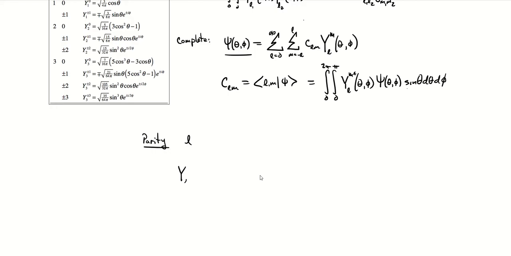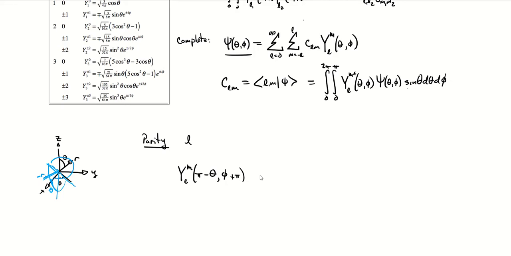If I take Y l m of theta, pi minus theta, and phi plus pi, which is an r in the opposite direction, just so you can see that: if I have x, y, and z, and some vector r at theta and phi, and I want to make that so it's sticking back and into the page, negative r, I can go to a polar angle of pi minus that theta, and my azimuthal angle would be at this phi plus an entire pi up there, because we would project it to there.